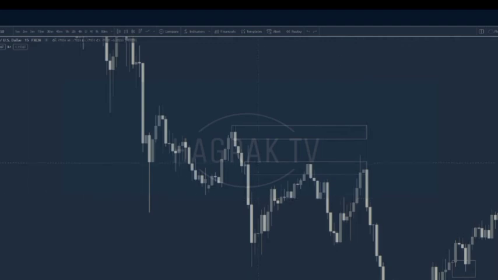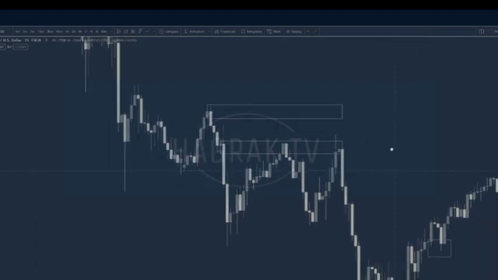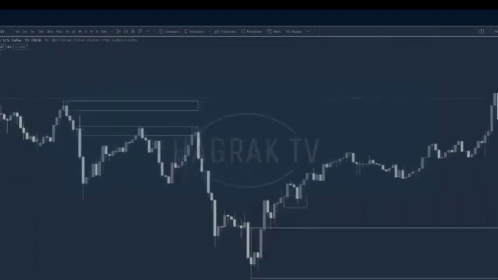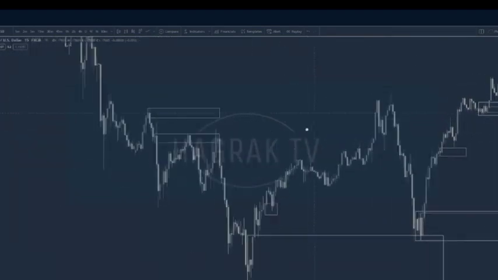Or what you can do is wait for it to tap in, and then if it does a secondary test, you can enter on that, or we can look at a potential lower time frame using the same context that we're using from the hourly to the 15 minute. We can use the 15 minute to the 5 minute just to refine and give you that extra confirmation for taking the trade. Again, we'll just keep moving on.